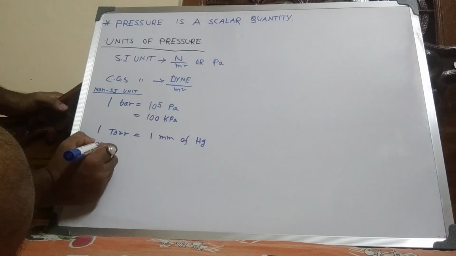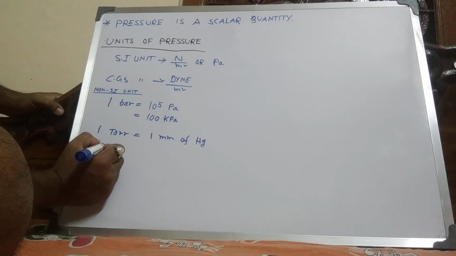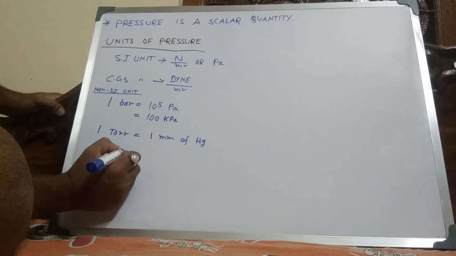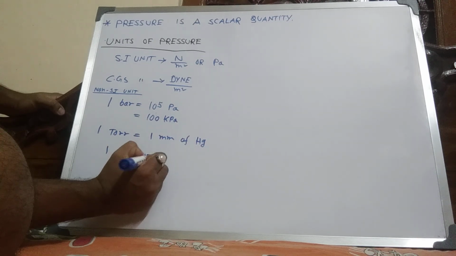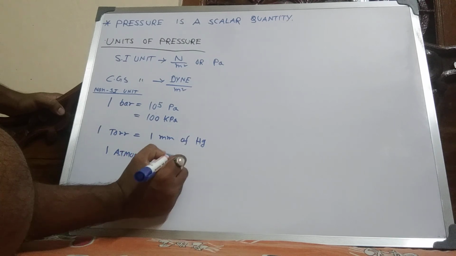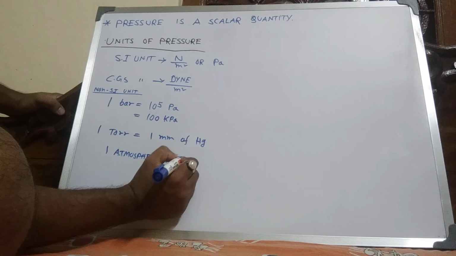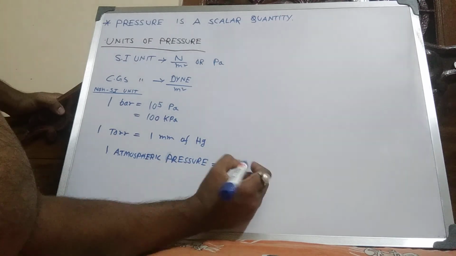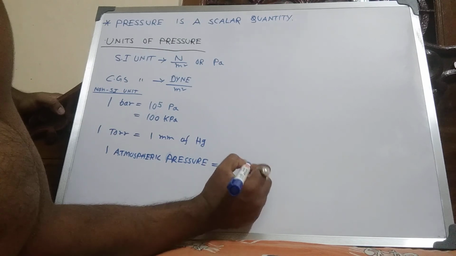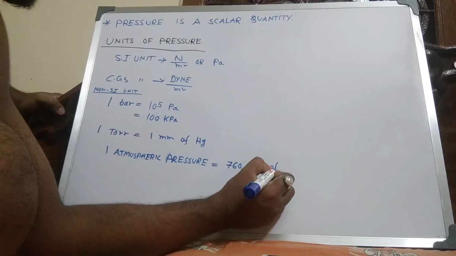So we know 1 atmospheric pressure equals 760 millimeter of Hg.